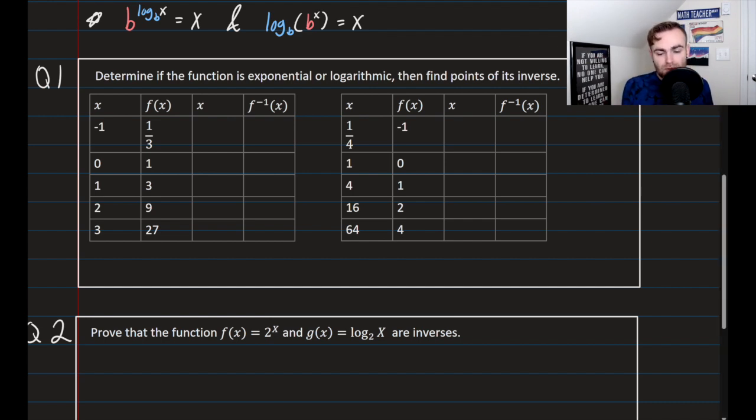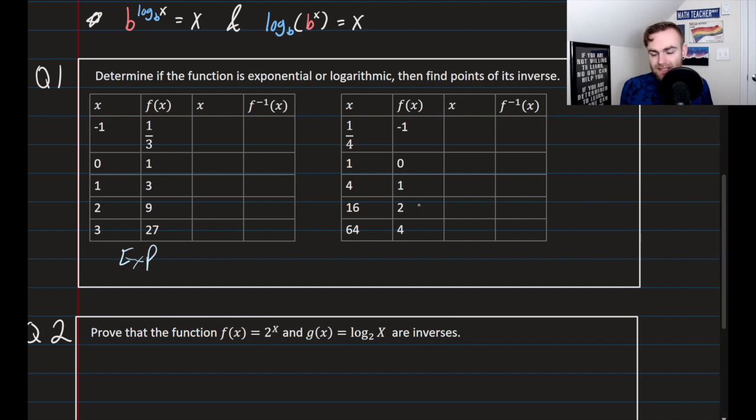If we look at this first function here, we go from -1 to 0 to 1 to 2 to 3. The x's are incrementing by 1. The f of x's look to be multiplying by 3. So this would be exponential. That's ugly, but you get the idea. It's exponential because the outputs are proportional to each other.